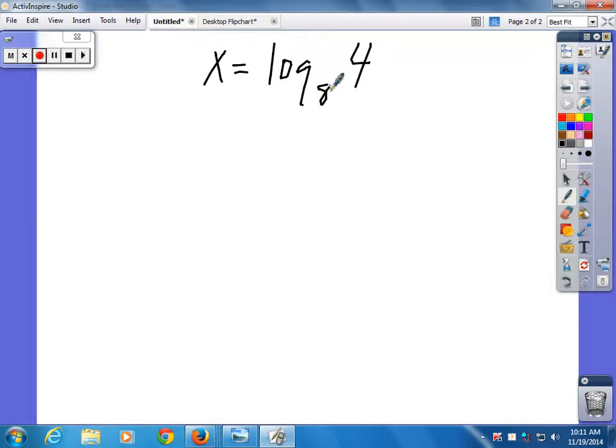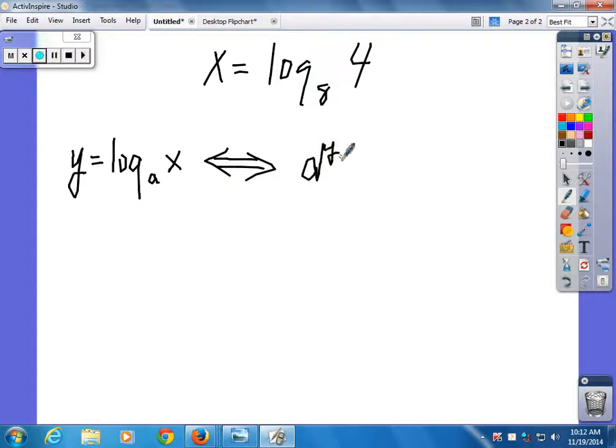Now what I tell students to do, the way the property is written is this way: y is equal to log base a of x yields a to the y is equal to x, right?